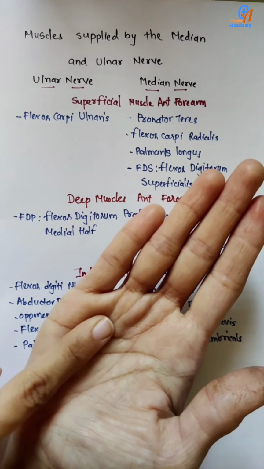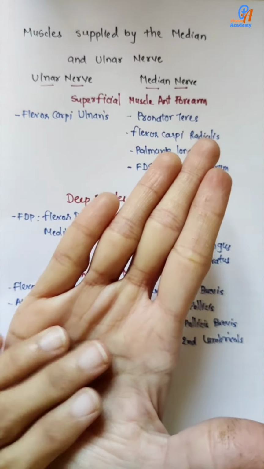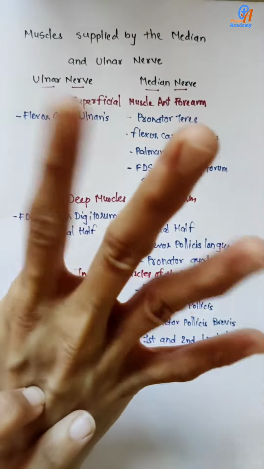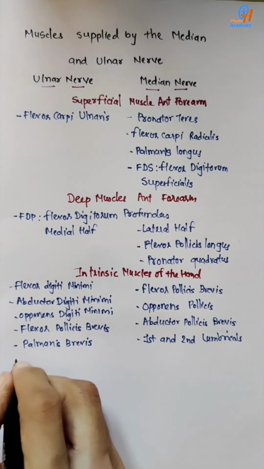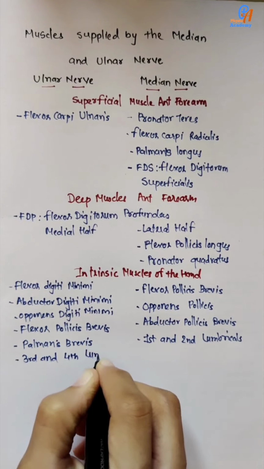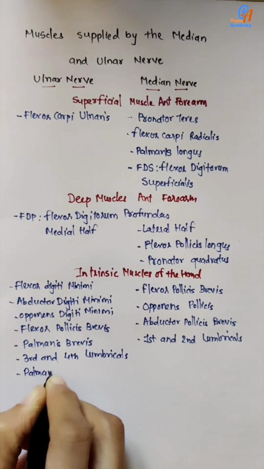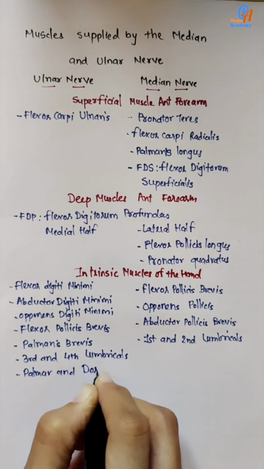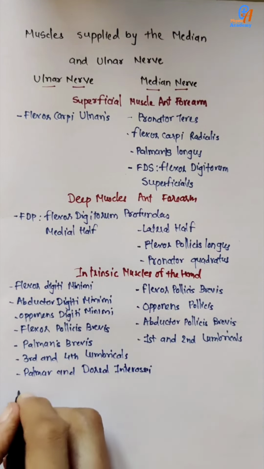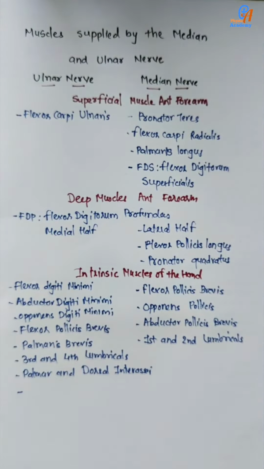The third and fourth lumbricals are supplied by the ulnar nerve, and then this action, abduction and adduction, is by the palmar and dorsal interossei, which are also supplied by the ulnar nerve. And the last muscle, adductor pollicis, is also supplied by the ulnar nerve.